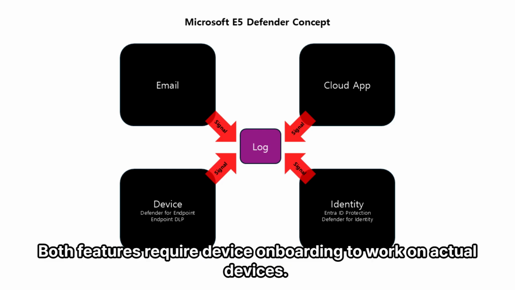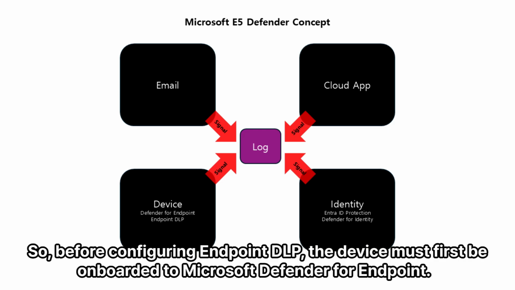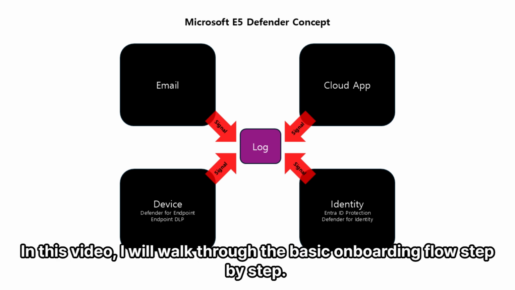Both features require device onboarding to work on actual devices, and Endpoint DLP can be understood as running on top of the MDE onboarding foundation. So, before configuring Endpoint DLP, the device must first be onboarded to Microsoft Defender for Endpoint. In this video, I will walk through the basic onboarding flow step by step.